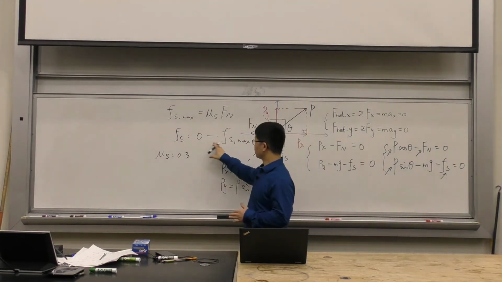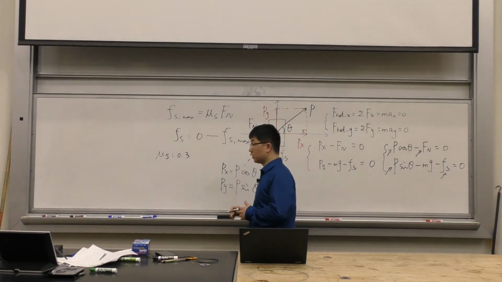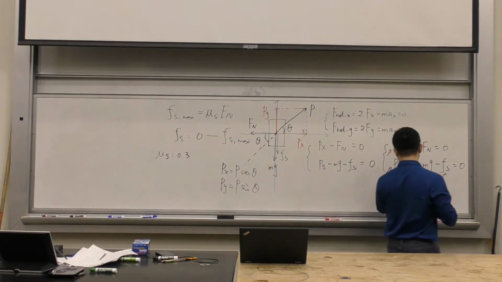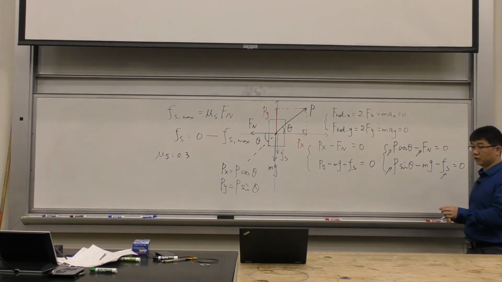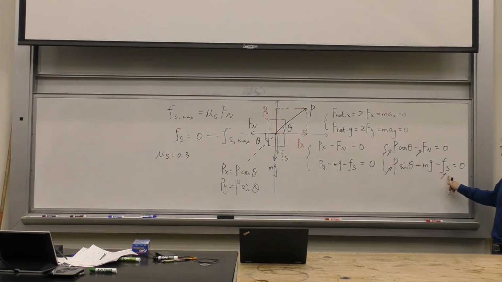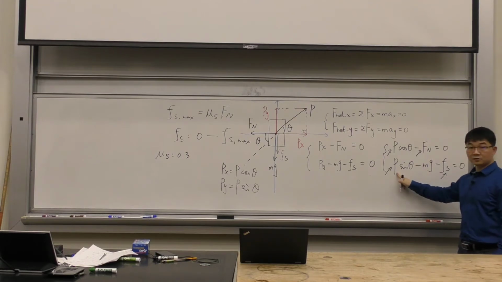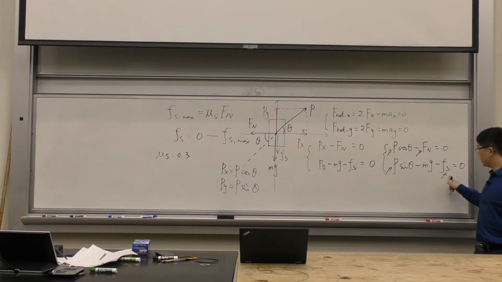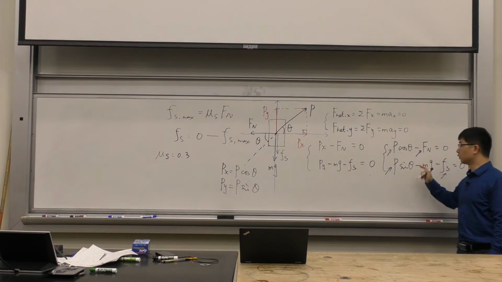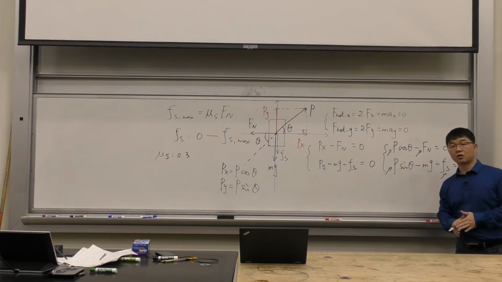And static friction force, we know that it will change, right? So when does the P reach the maximum but still keeps the block stationary on the wall? That's when the static friction has reached the maximum, right? If the static friction has reached the maximum, and then you increase P a little bit more, then the static friction force is going to be smaller than this component, so you cannot keep this block on the wall anymore.